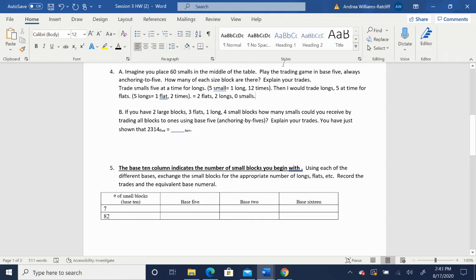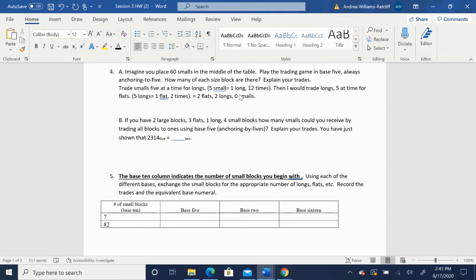If I'm in base 5, I can go up to 5. So I know that 220 in base 5 is going to be worth the value 60 in base 10.